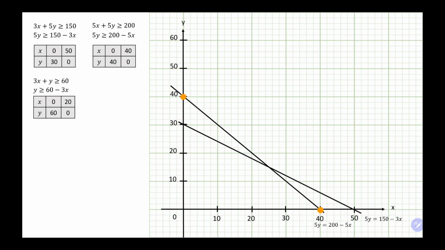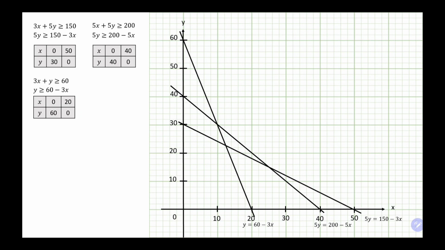Next function, we have intercepts 40, 40. Then we label the graph 5y equals 200 minus 5x. And last equation, we have intercepts 20, 60. And then we label y equals 60 minus 3x.